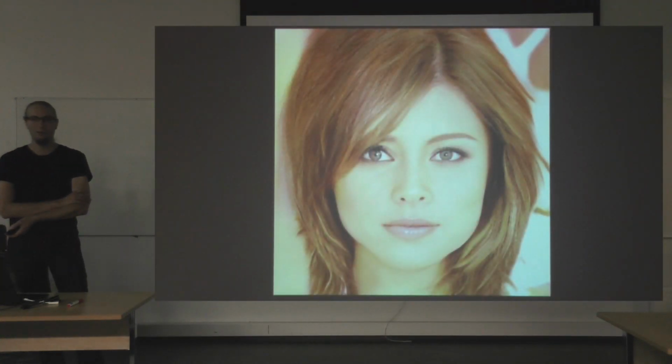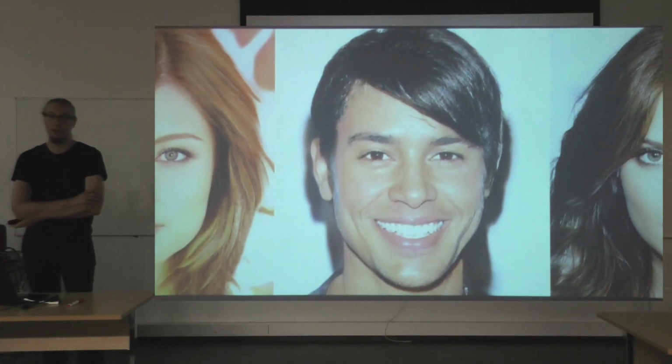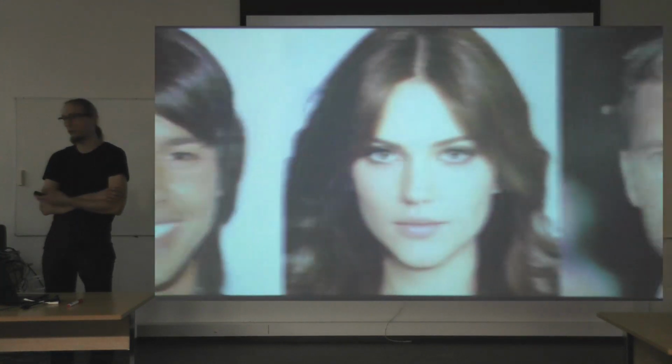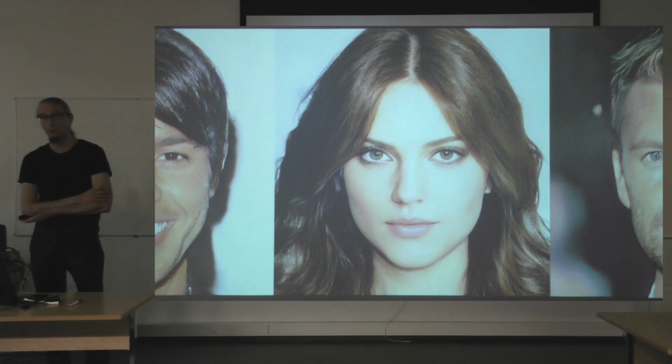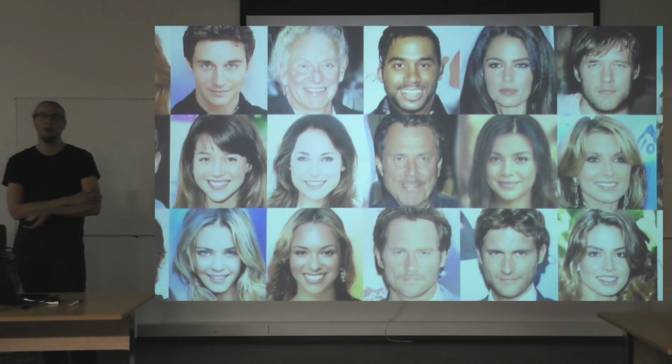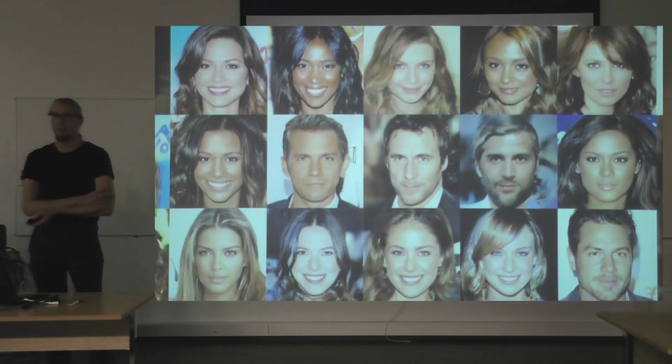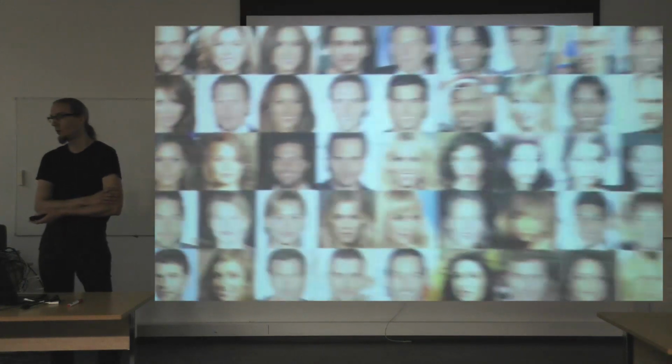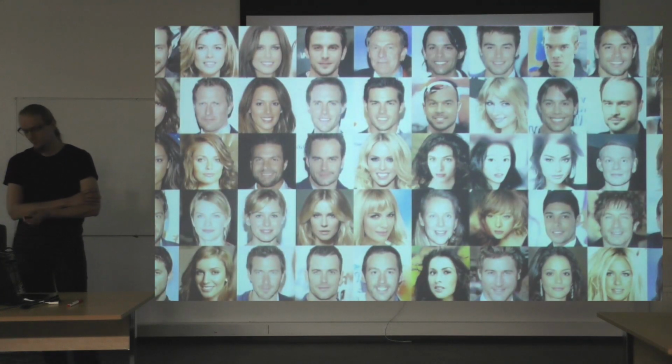These are all images produced by our generator after training it for 4 days on 8 GPUs using a new dataset that we created for this purpose. It's called CelebA HQ, and it's basically a higher quality version of the standard CelebA dataset.